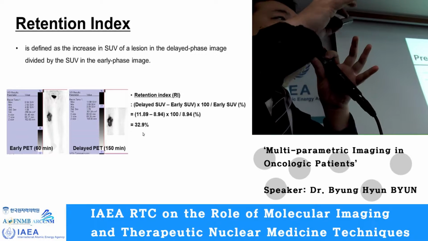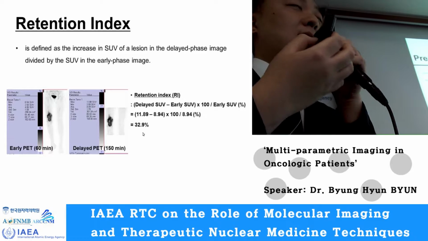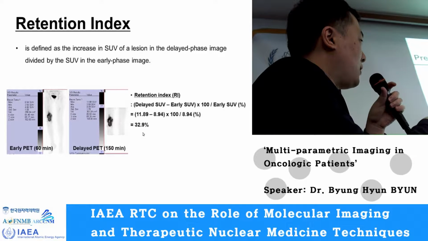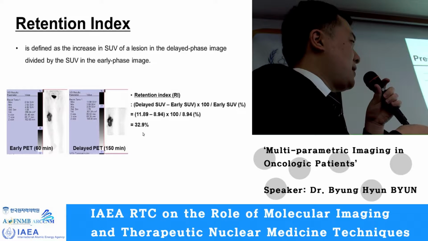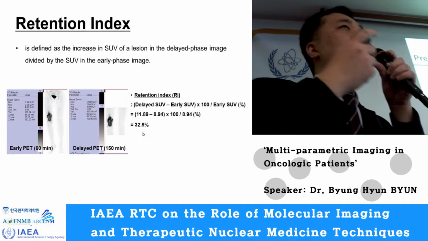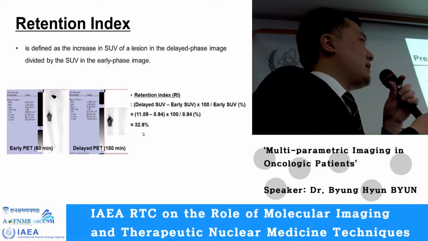Then the histologic response was assessed on the surgical specimen. Among multiple PET parameters, only the retention index was able to predict the histologic response before the initiation of chemotherapy. It is very important in clinical practice.